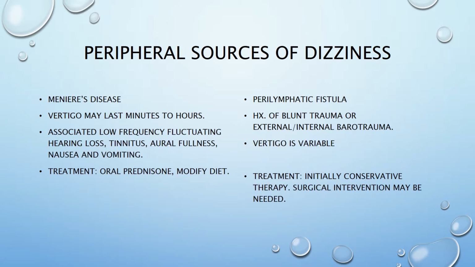As already mentioned in the last slide, two additional sources of peripheral dizziness include Meniere's disease and perilymphatic fistula. I'd like to point out under Meniere's disease, again, the treatment option for that includes 60 milligrams of oral prednisone for 14 days or intratympanic membrane injection of dexamethasone in a series of 3.